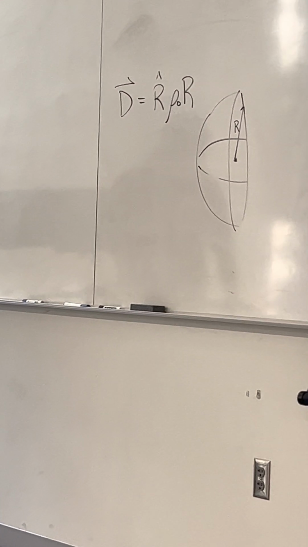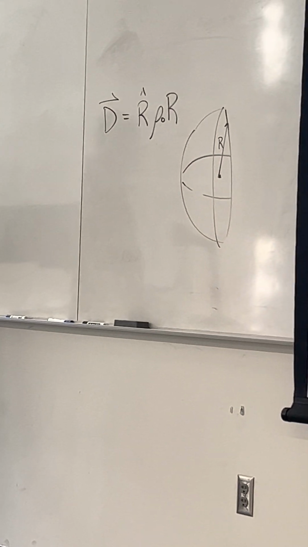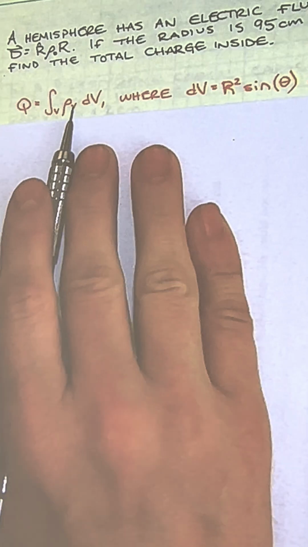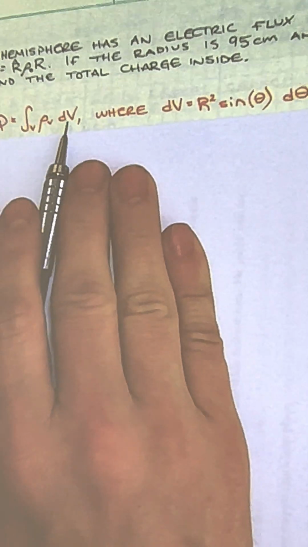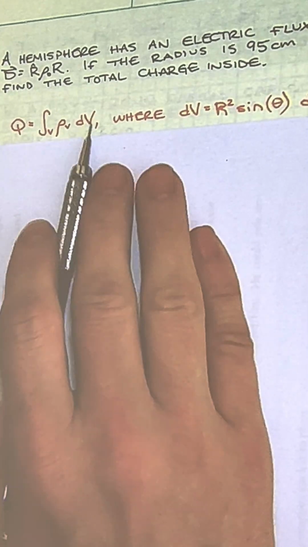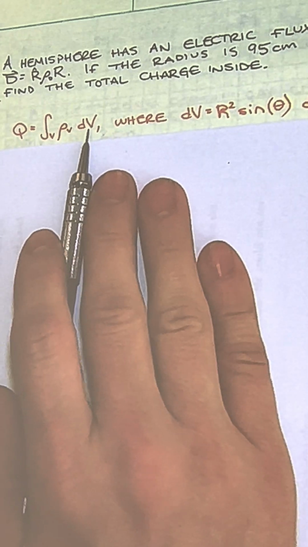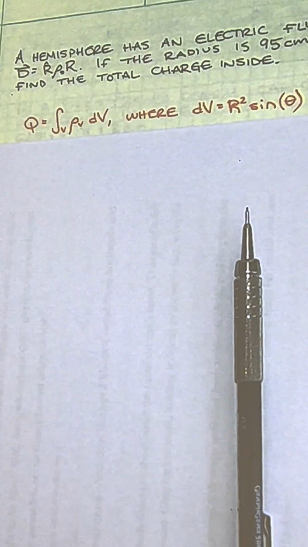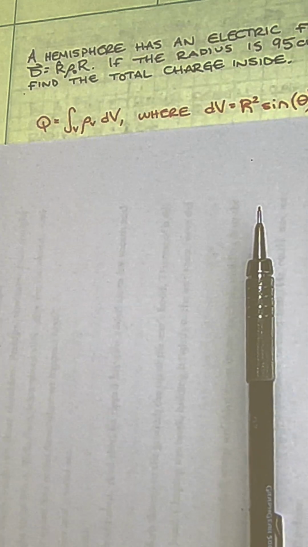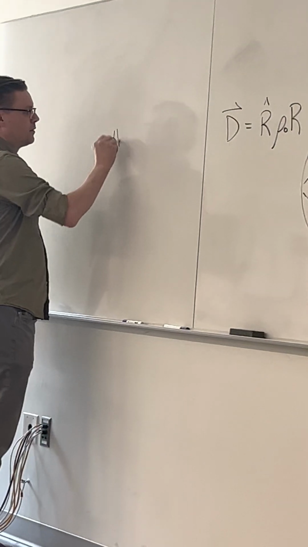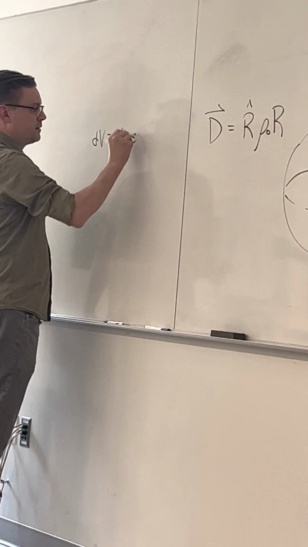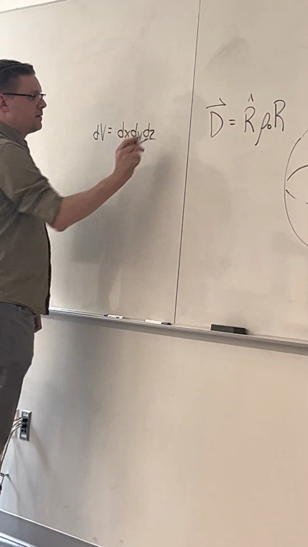So the amount of charge Q is a volume integral of our volume charge density in dV, right? But we can't use this yet. dV, we know we're going to do this in spherical coordinates, right? So if this is a cube, like it is in the textbook, our dV is just dx, dy, dz.